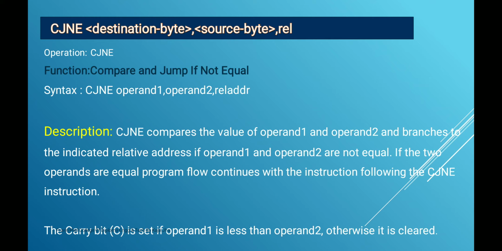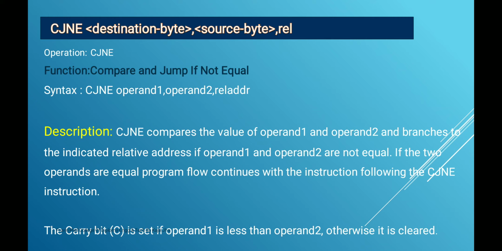Description: CJNE compares the value of operand 1 and operand 2 and branches to the indicated relative address if operand 1 and operand 2 are not equal. If the two operands are equal, program flow continues, meaning the next instruction will be executed.